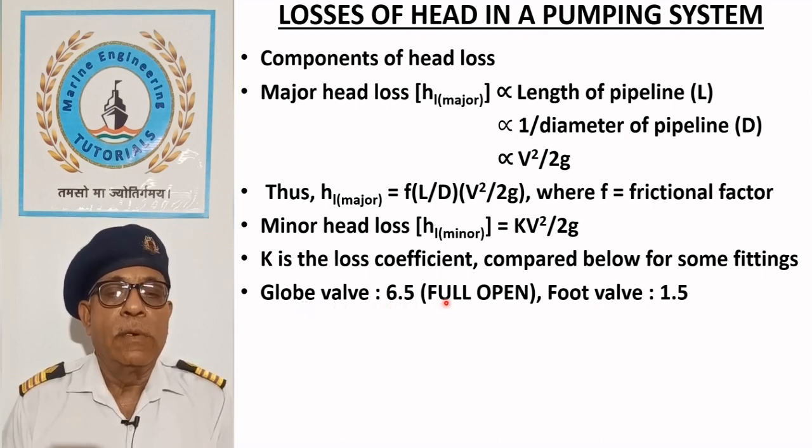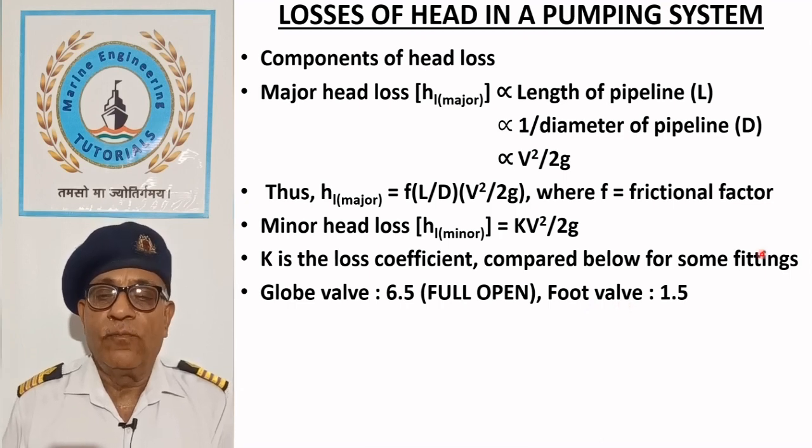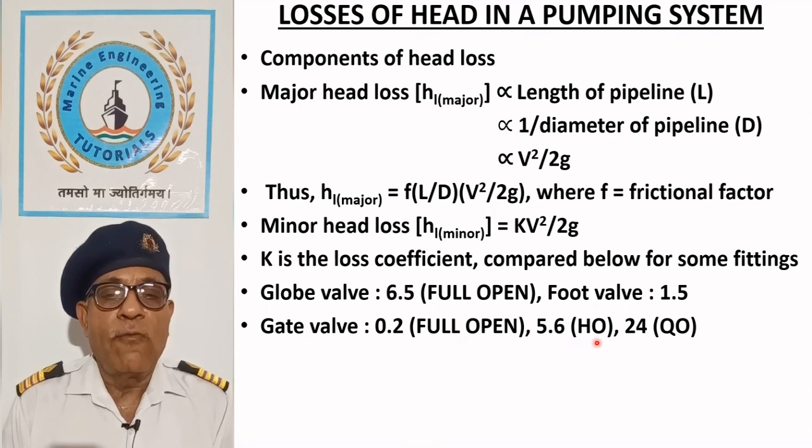Globe valve 6.5 when it is full open, foot valve has 1.5. Gate valve has K value of 0.2 when it is full open, 5.6 when it is half open, and 24 when it is quarter open.